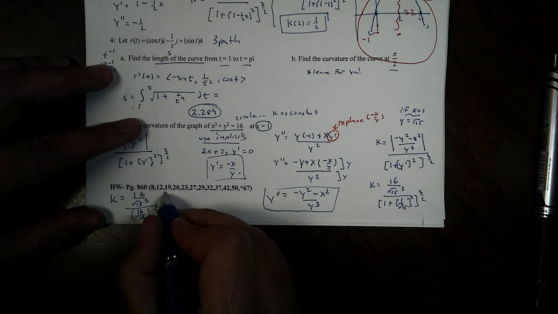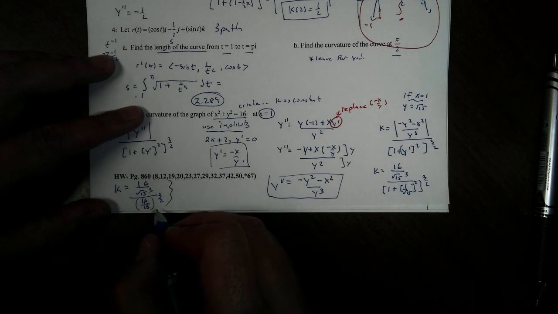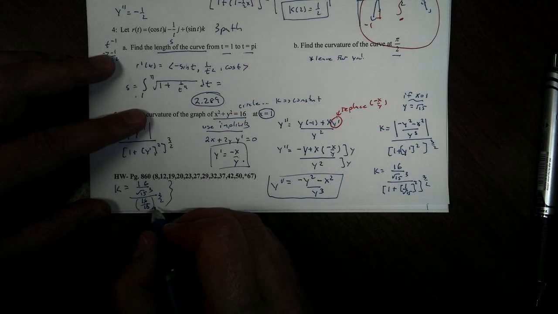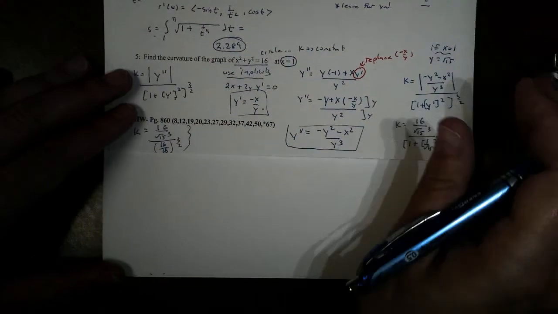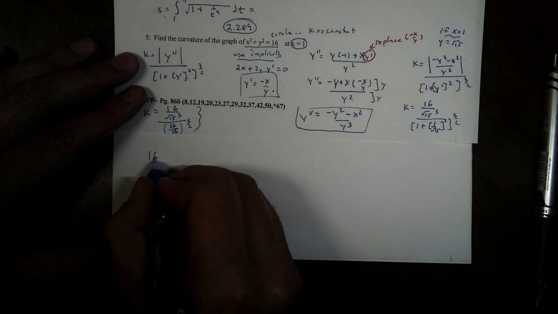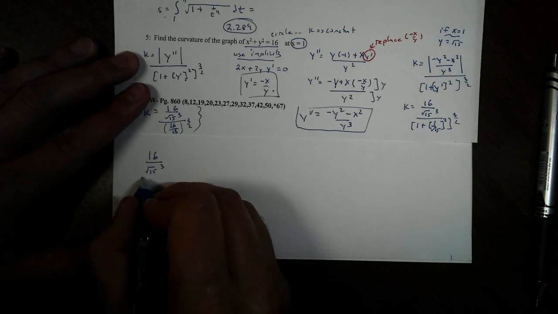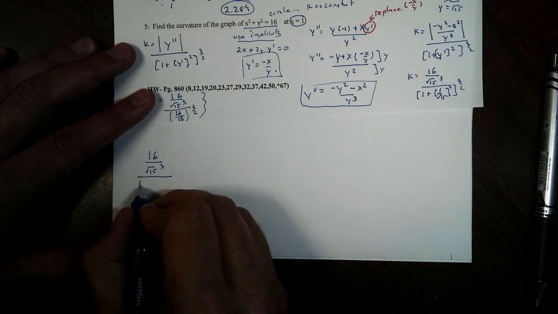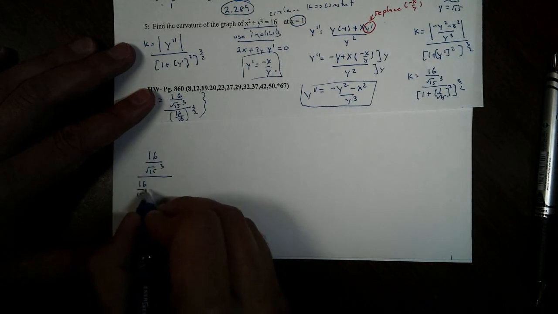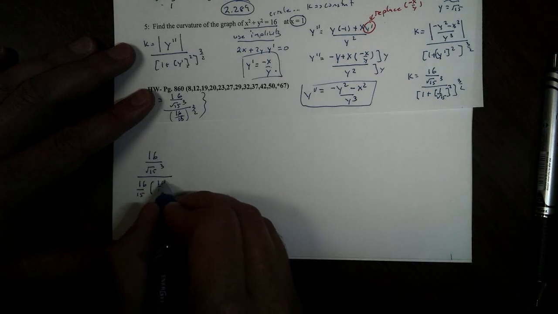Now, I'm okay with you leaving it like this, and that's fine, but let's see what happens here. If I were to simplify this, this is really saying 16 over the square root of 15 cubed over, now watch what I can do here. I can factor out a 16 over 15, and that's going to leave me with 16 over 15 to the 1/2.